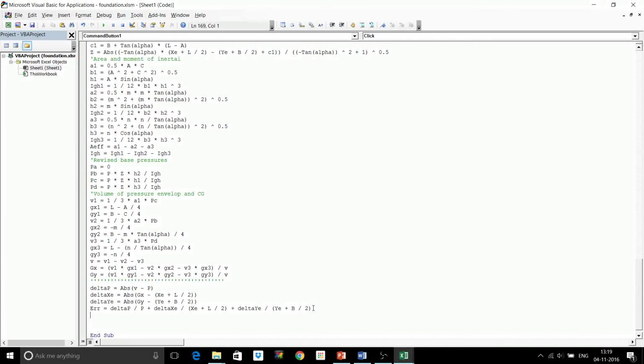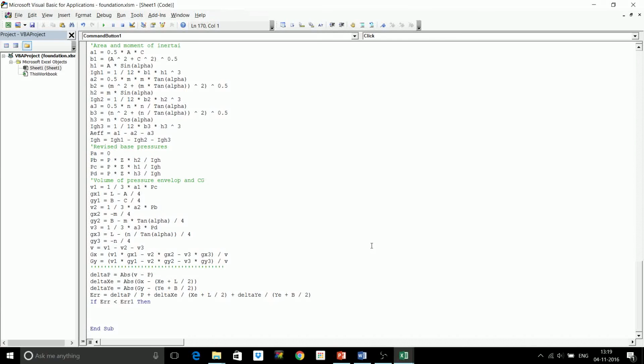Now, if error is less than error 1, then what are the values of A, C, P, XE, YE?